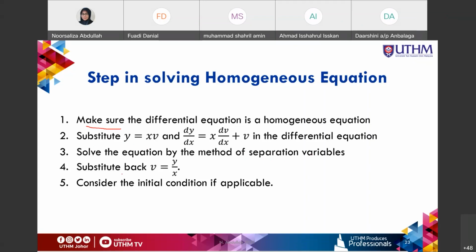Then you substitute back v equals to y over x. You can stop up to this stage, or you need to continue with step 5 if you are given the initial condition. So this is the step how you want to solve the homogeneous equation.